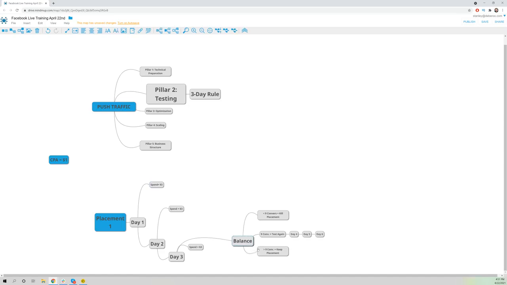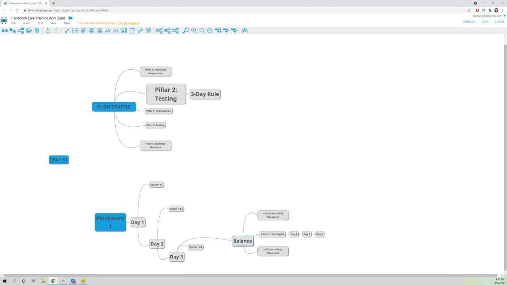The 3-day rule is there because 3 days is the ideal time frame to do it. You don't want to test a campaign over a month, because the data that you had at the beginning of that month might not be as relevant anymore. So we don't want to see campaigns in the testing period for months and months to come.